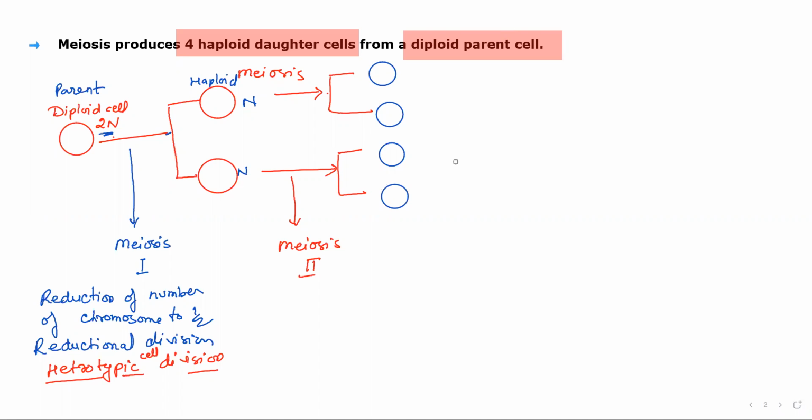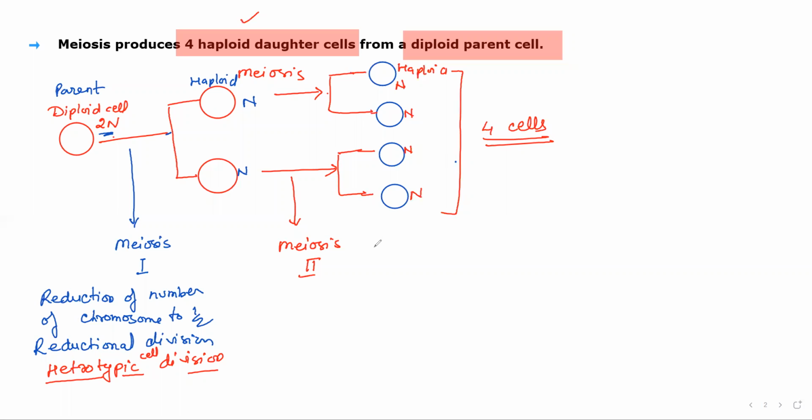Here again, these are haploid, n number, chromosome number n. 4 haploid daughter cells are formed here.